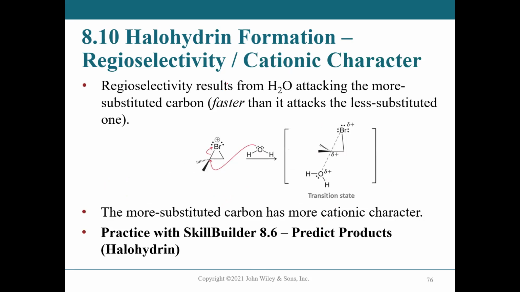Regioselectivity results from water attacking the more substituted carbon. The more substituted carbon has more cationic character. I mean, there's a larger partial positive here than over here.